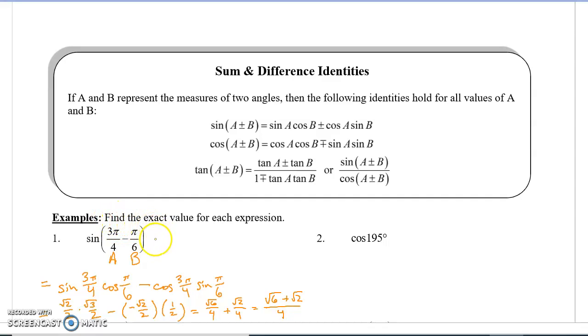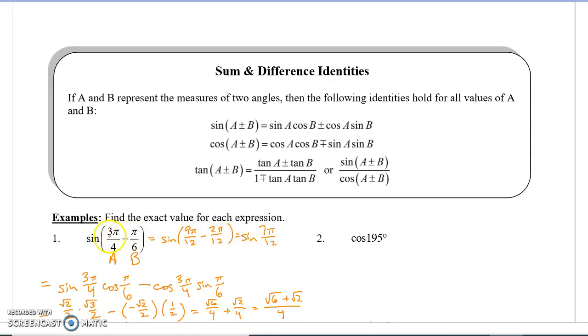One thing I'd like to point out here is what we really just did. The common denominator here is 12. 3 pi over 4 is the same thing as 9 pi over 12. And pi over 6 is the same thing as 2 pi over 12. So really what we did was we found the sine of 7 pi over 12.